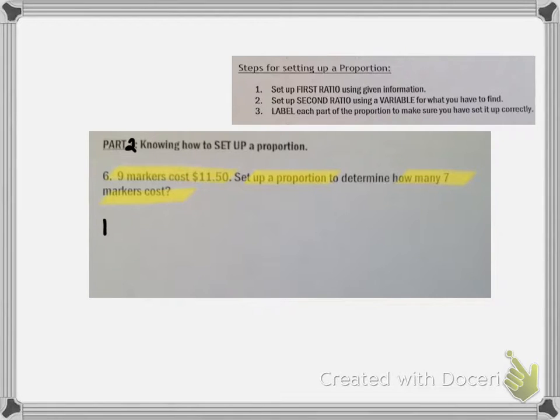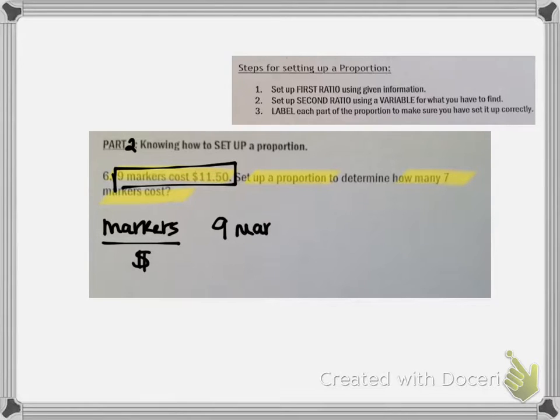So, markers to money. Remember, the first step is our ratio with words. Okay, so then next is the given information. I have 9 markers over $11.50. Proportion is 2 equivalent ratios, so equal always comes next.